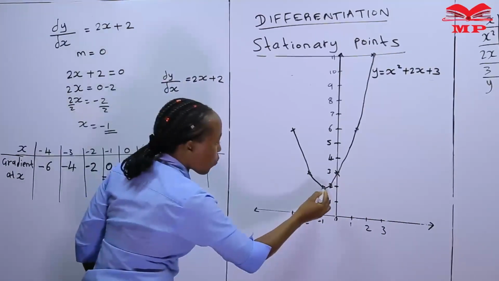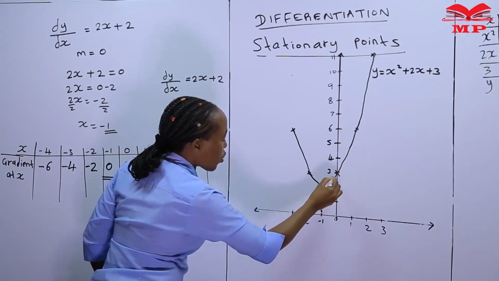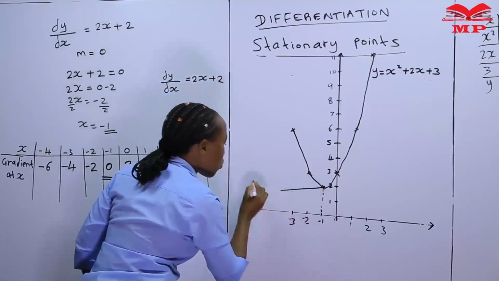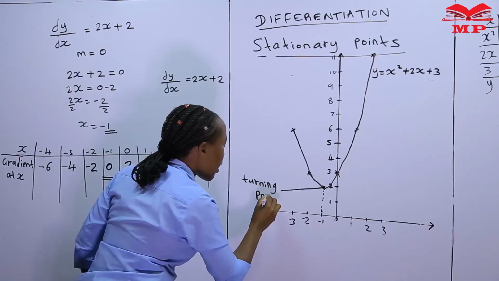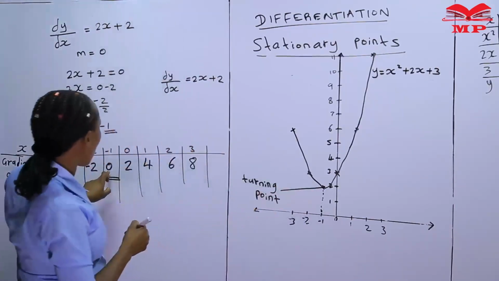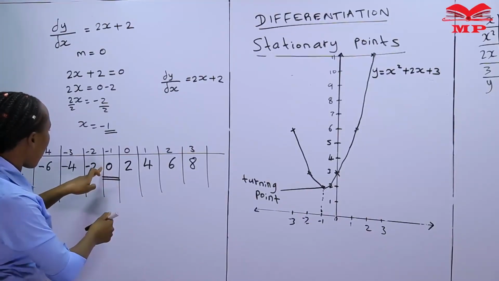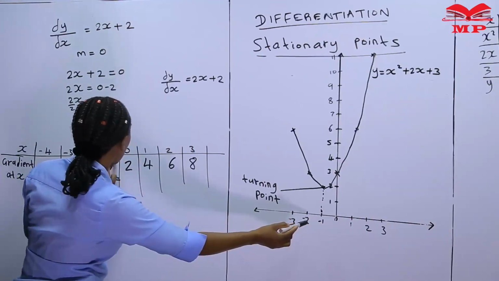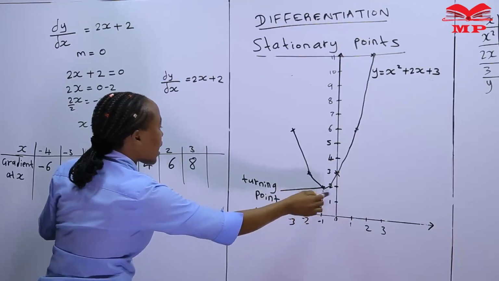And if we look at this point where x is negative 1, this point is where the curve is turning. And that point, we refer to it as the turning point. It is the turning point. And the gradient at the turning point is equal to 0. So we can see clearly on this side, we have negative 2. Then we move on up to where now negative 1 on the x-axis, we have now the turning point.